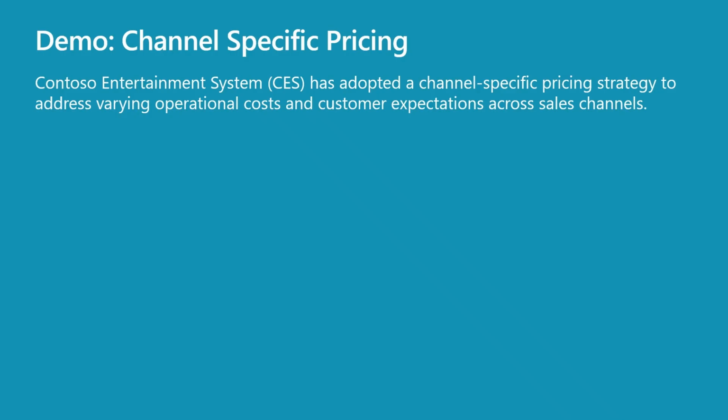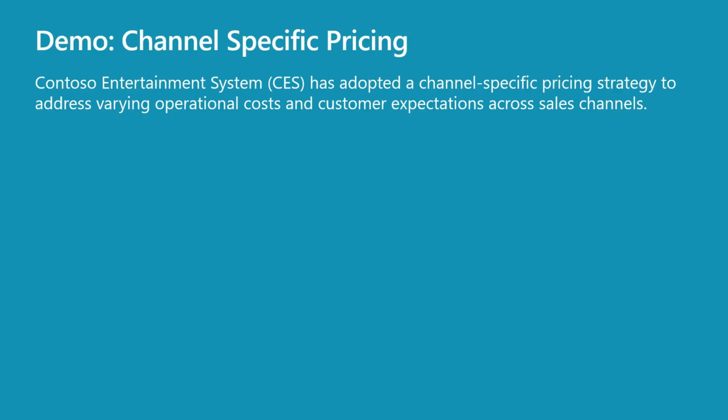In our first demo, we'll explore how Contoso Entertainment System has implemented a channel-specific pricing strategy using unified pricing and price groups. As a retailer operating across multiple sales channels, Contoso Entertainment System needs to account for varying operational costs and customer expectations. Here is the scenario.